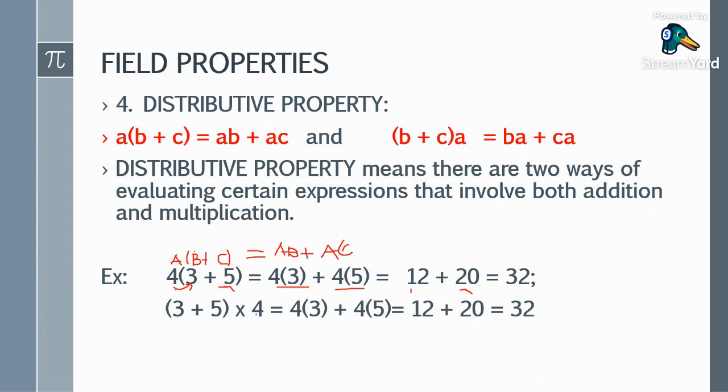So 4 times 3 and 4 times 5, therefore, the answer is 12 and 20. We add these two and it becomes 32. So, the same answer.